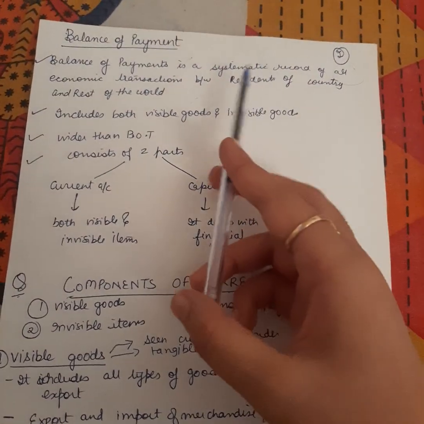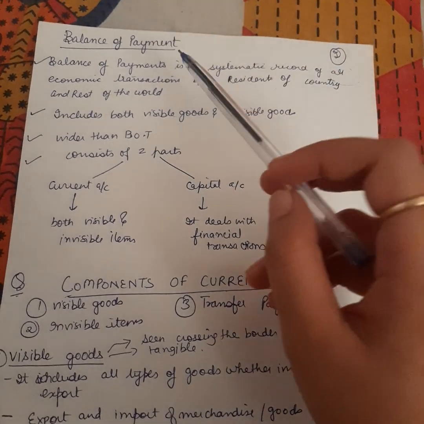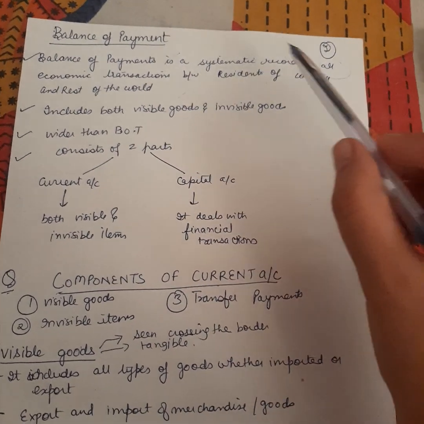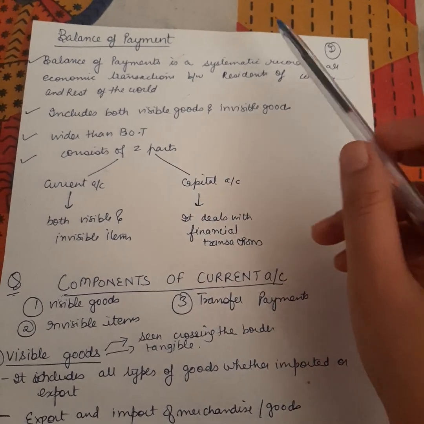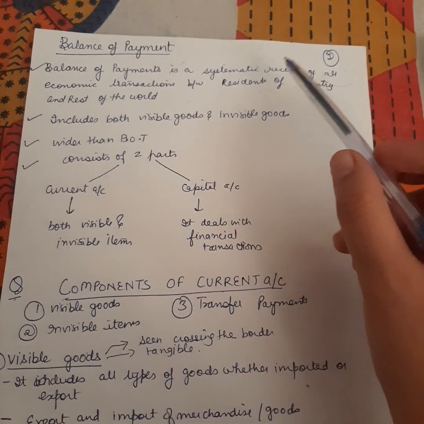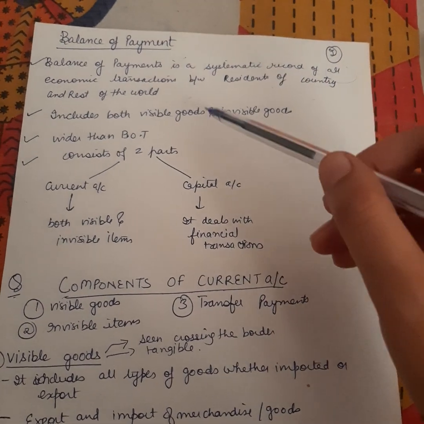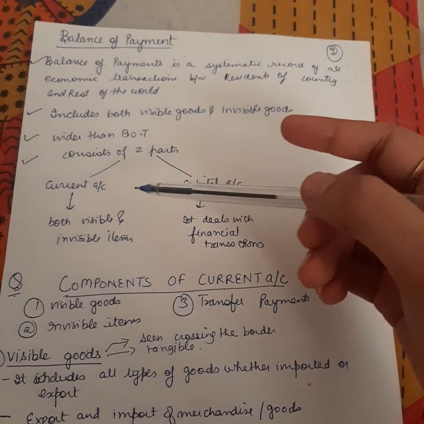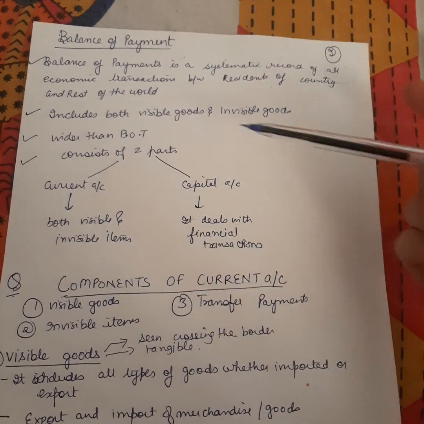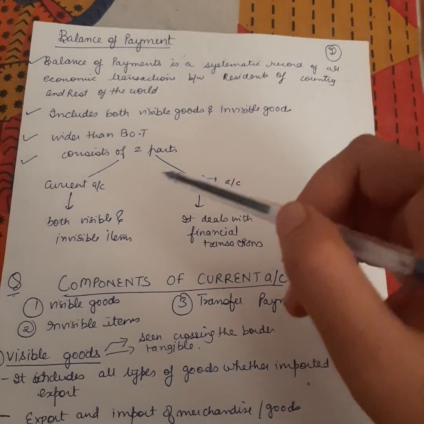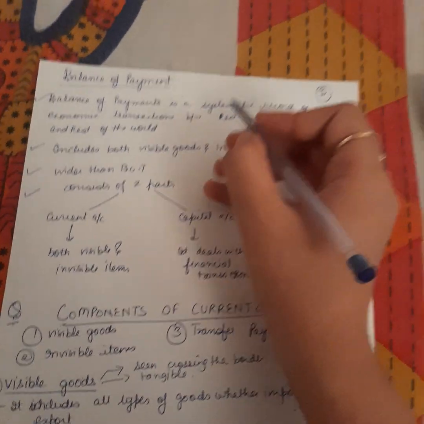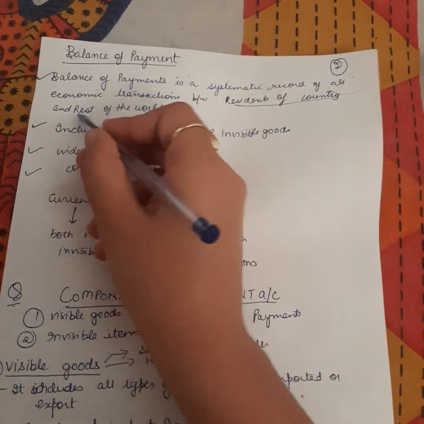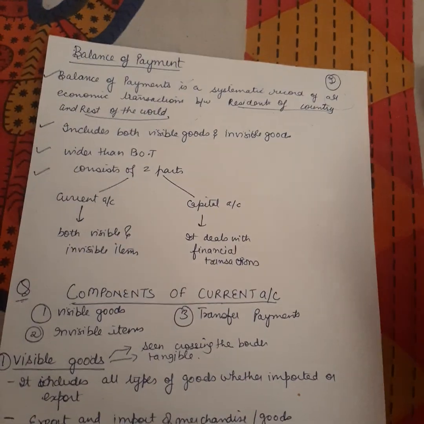Be very careful. If any transactions take place within the boundaries of a country between people who are residents of the same country, it's not balance of payment. The transaction has to be between residents of a country and rest of the world.